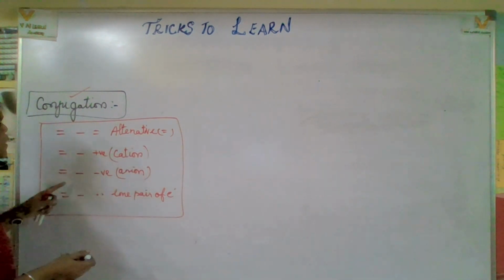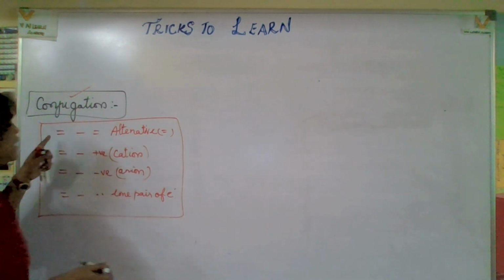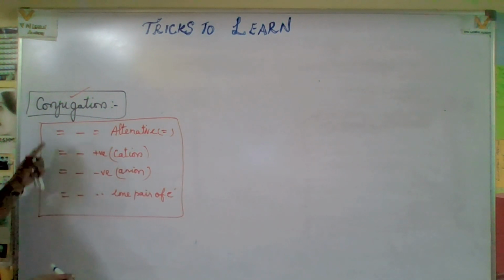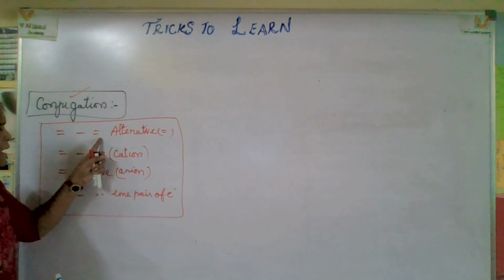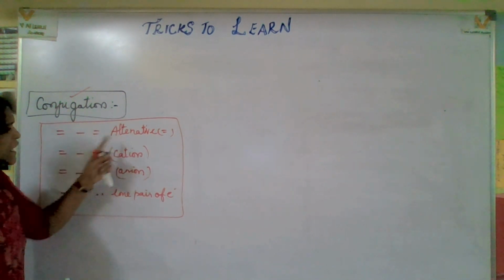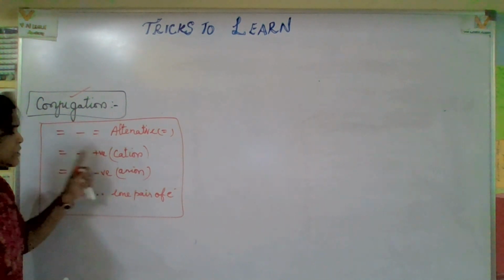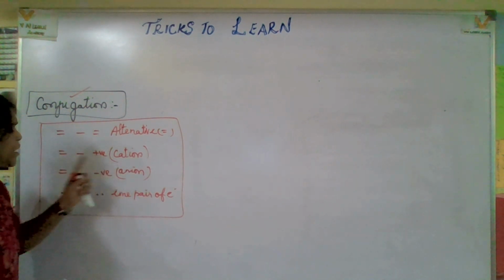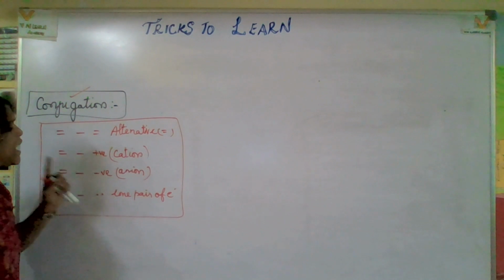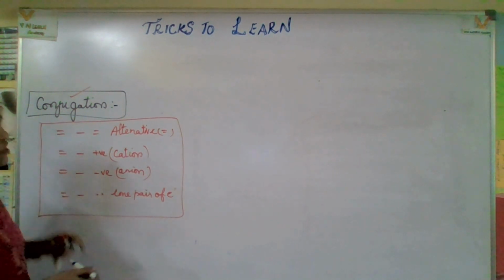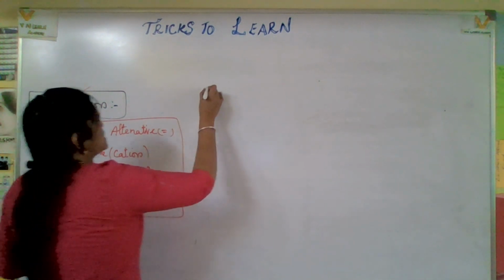These are the four rules: double bond, single bond, double bond, meaning alternating double bonds should be there; double bond, single bond, positive charge; double bond, single bond, negative charge; and double bond, single bond, lone pair of electrons. These all come under conjugation. Now I'll give one example.